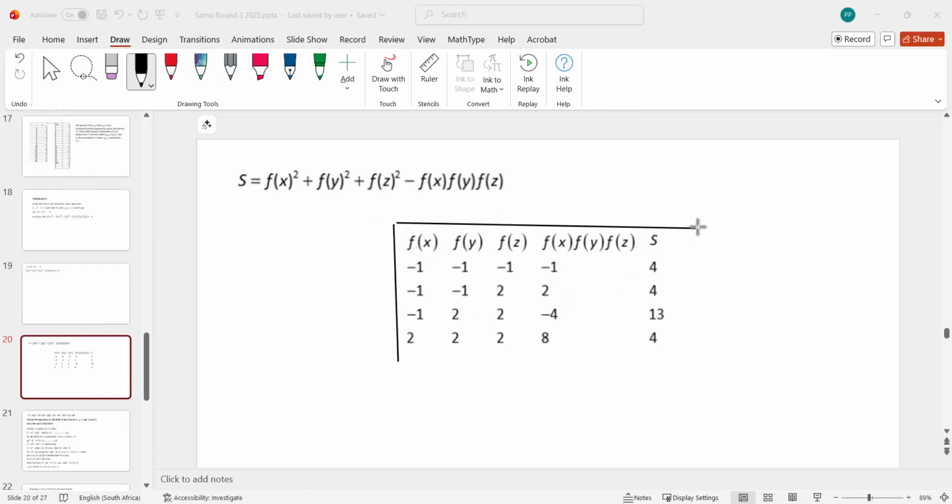I couldn't get grid lines in the software I use, MathType.